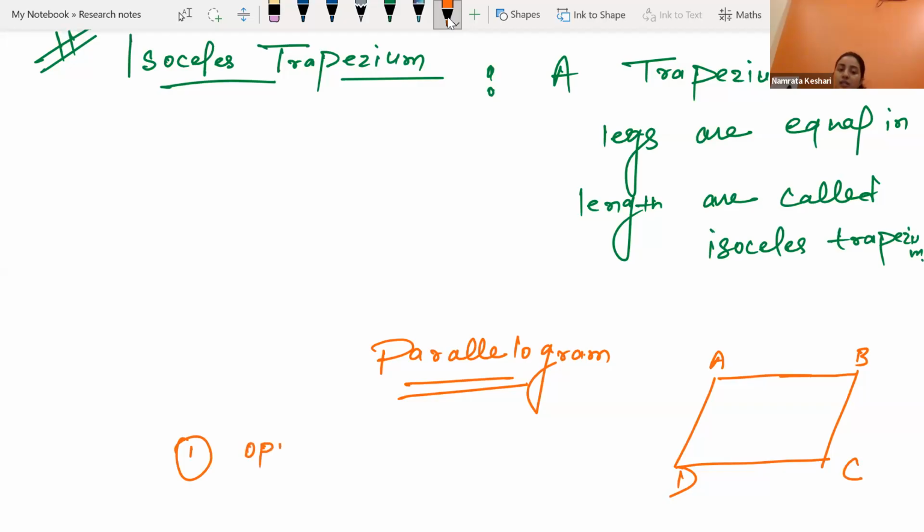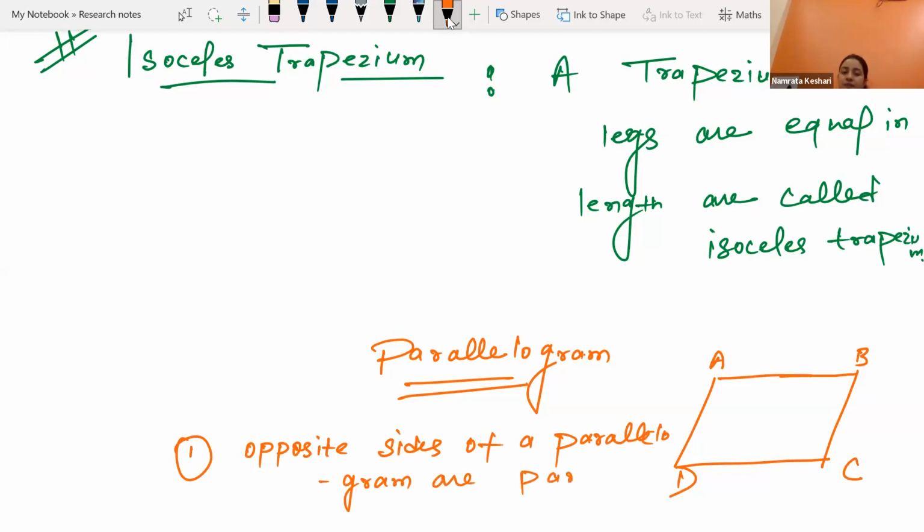Here I am writing the same: opposite sides of a parallelogram are parallel and equal with each other.